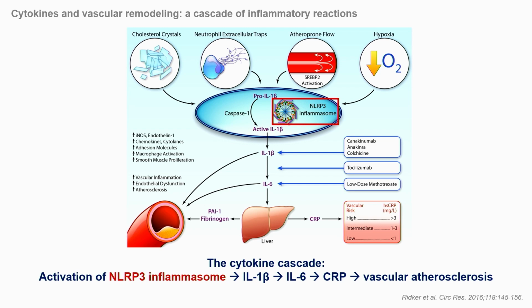This is a group of proteins that can switch the inactive interleukin-1 beta pro form into its active form by caspase-1, which is an enzyme that cleaves off the pro form to the active form. And this sets off an inflammatory cascade of reactions that results in upregulation of other inflammatory markers such as interleukin-6, CRP, or SAA1.